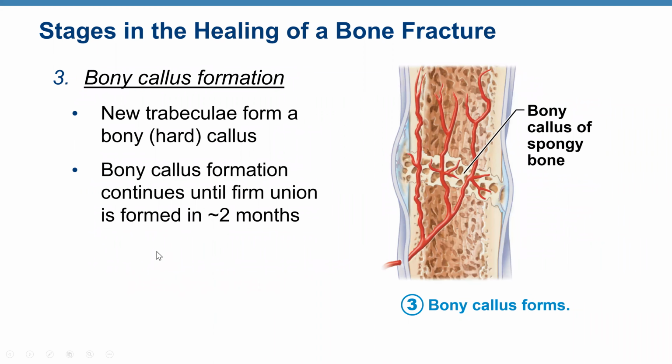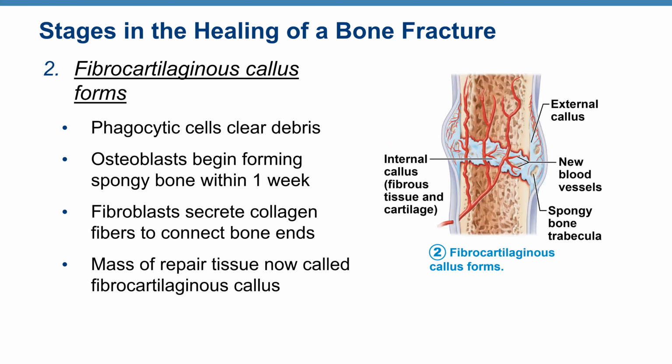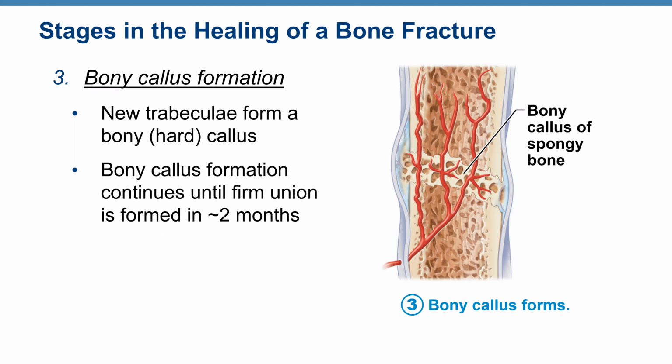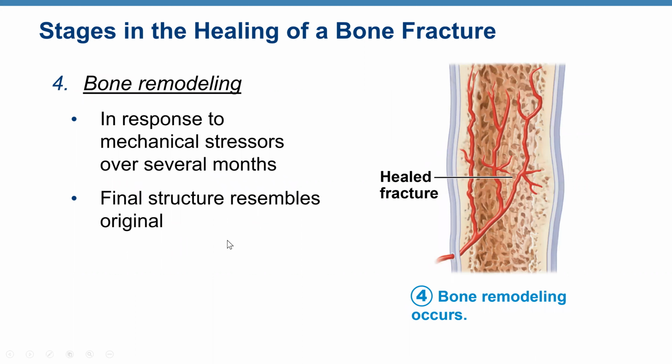New trabeculae form a bony callus, and bony callus formation continues until firm union is formed in 2 months. So we replace the fibrocartilaginous callus with bony callus. And then we have bone remodeling, in response to mechanical stressors over several months, and the final structure resembles the original.